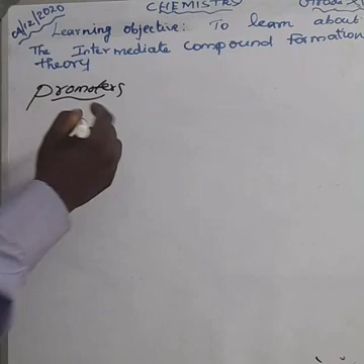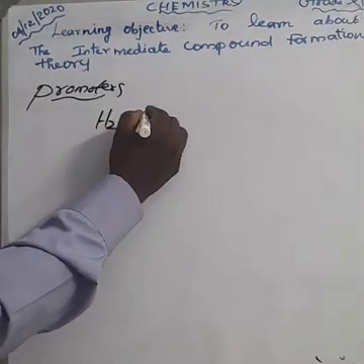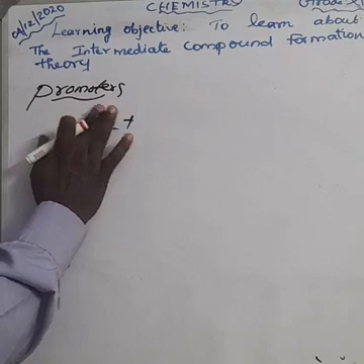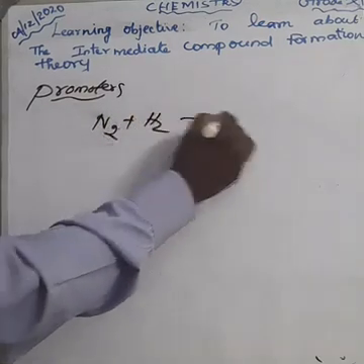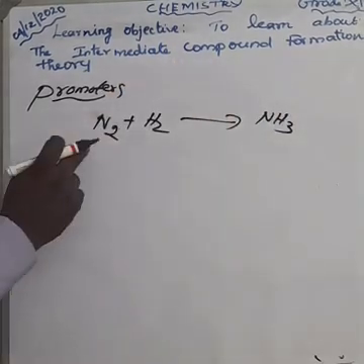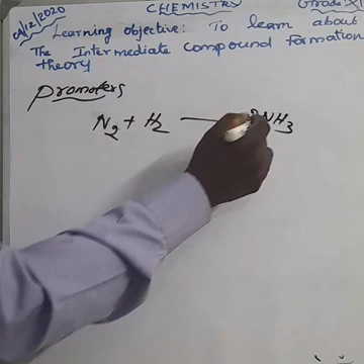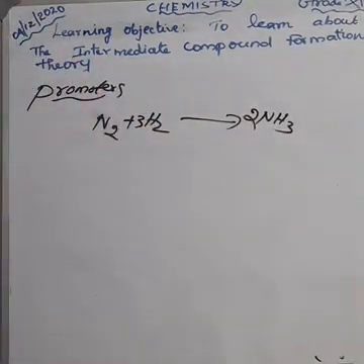For example, the Haber process, where nitrogen combines with hydrogen to get ammonia. You can balance the equation: 2 ammonia, 6 hydrogen. For this reaction, who is the catalyst?